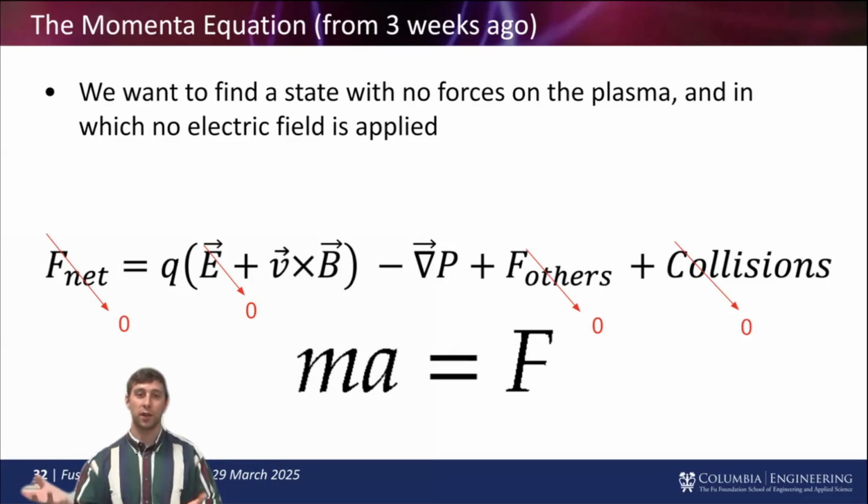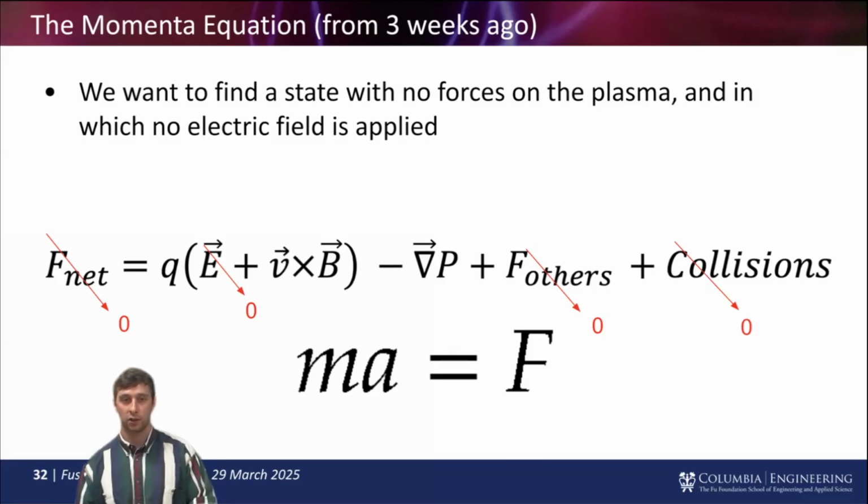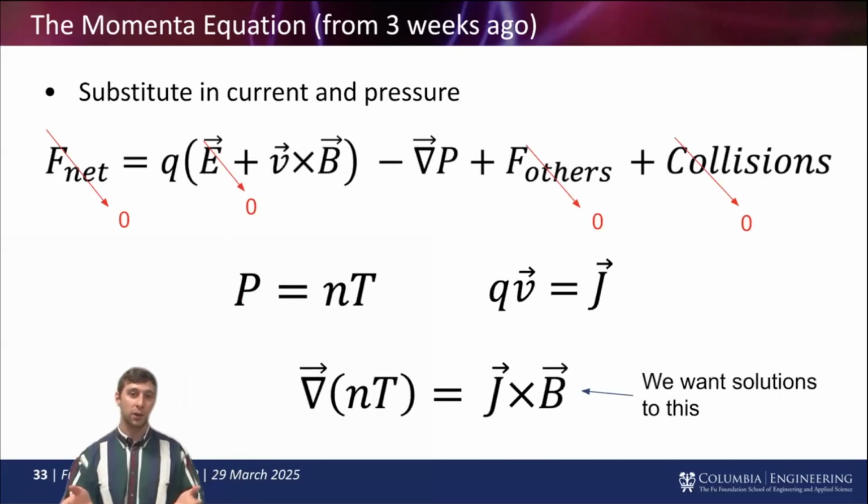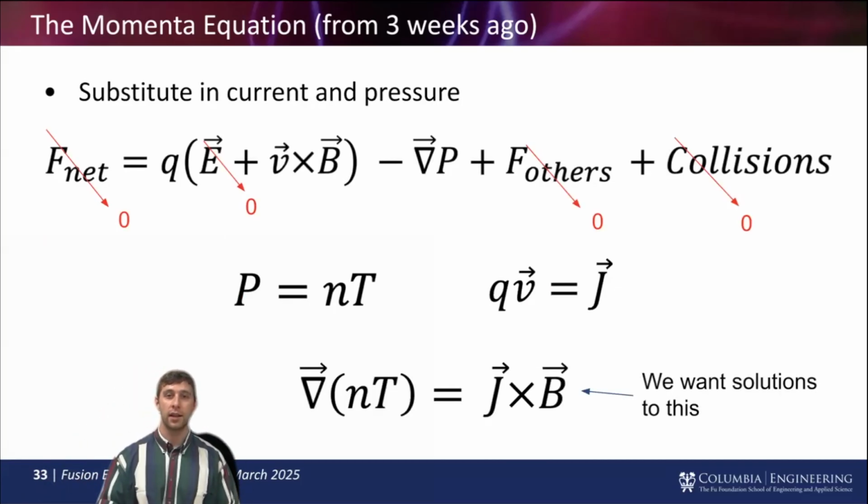We're going to say that we don't have any other forces just for simplicity, so ignoring gravity, which is relatively weak on the plasma compared to the electromagnetic force. Again, ignoring collisions because we're just looking at a single fluid picture. So setting all those quantities equal to zero, what we end up with is an equation that says that the gradient of P, the upside-down delta symbol of P, is equal to J cross B, where J is the current in the plasma, and that's equal to the charge in the plasma times its velocity.